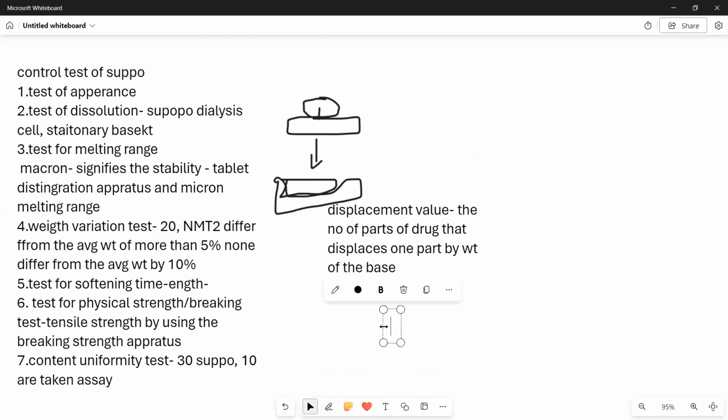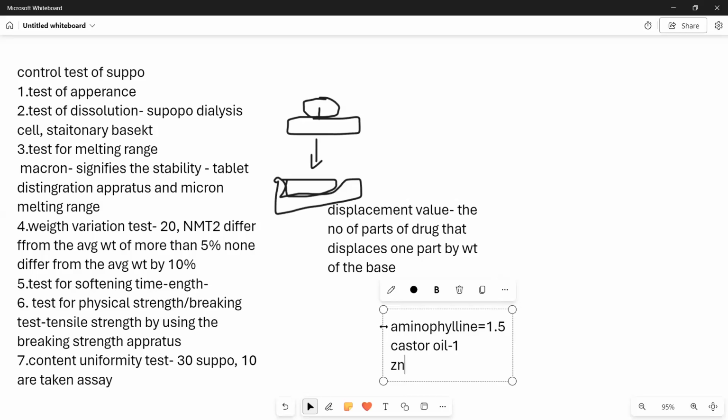There is a particular displacement value for each drug. For example, the drug aminophylline has a displacement value of 1.5, castor oil has a value of 1, and zinc oxide has a value of 5.